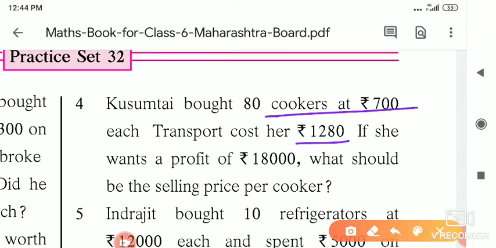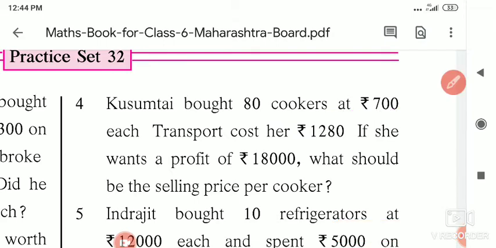She wants a profit of 18,000, so we add that to the CP to get the selling price, and then divide it by 80, and we will get the answer. Okay, so let's solve the example.